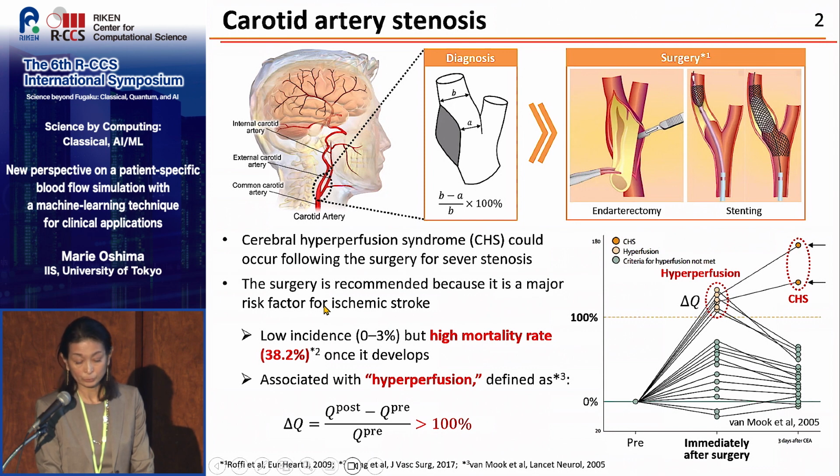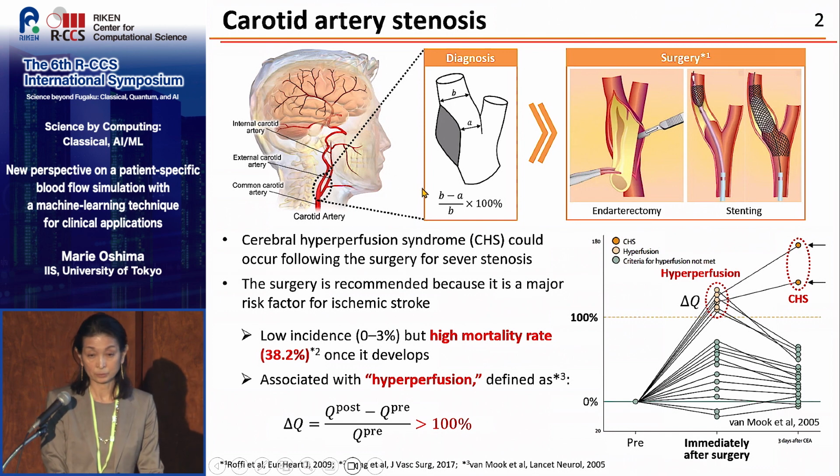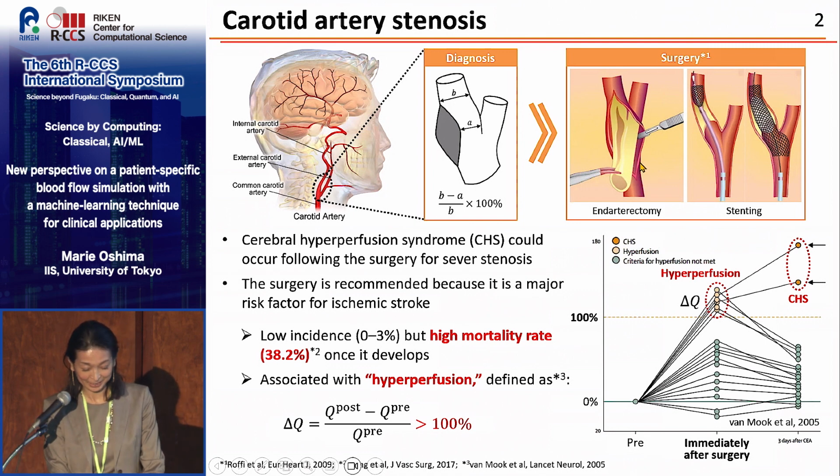The surgery is usually recommended because it is a major risk factor for ischemic stroke, and usually the stenosis is over 70%. The neurosurgeon recommends to have a surgery, either endarterectomy, I always cannot pronounce this correctly, its abbreviation is CEA, or stenting. And then for this revascularization surgery, sometimes the CHS happens.